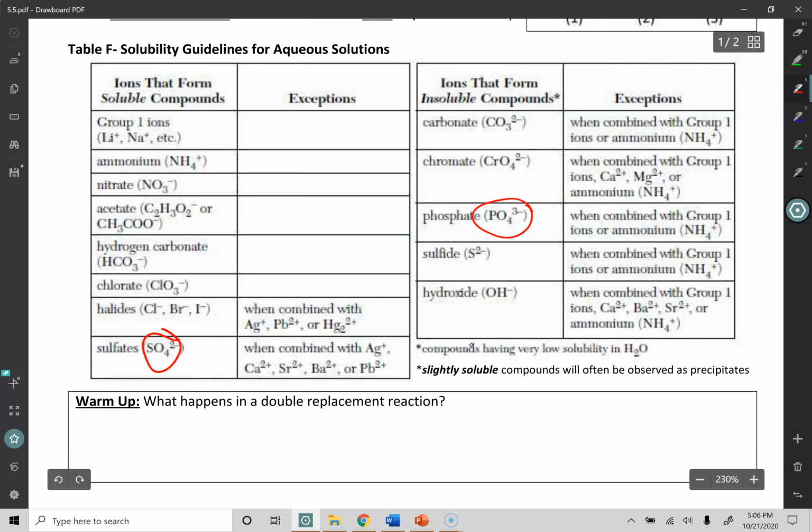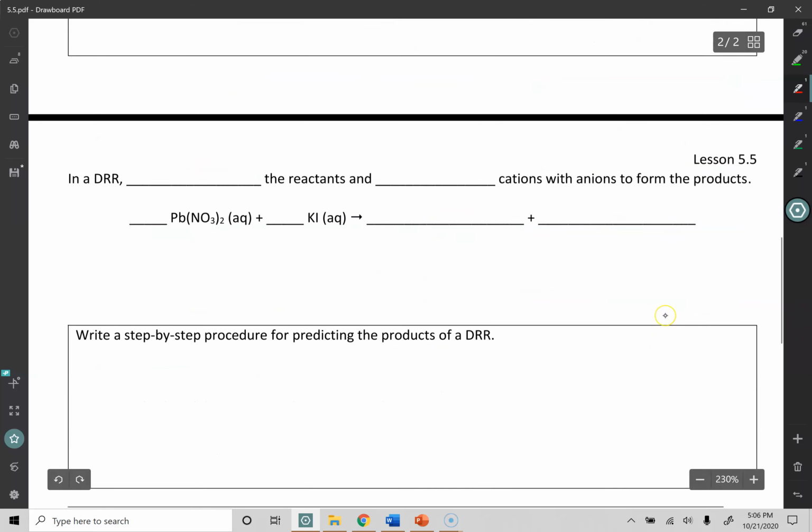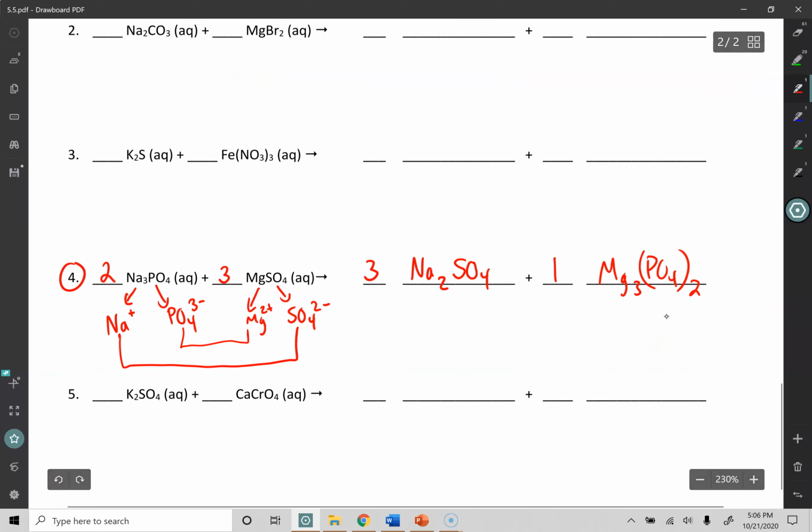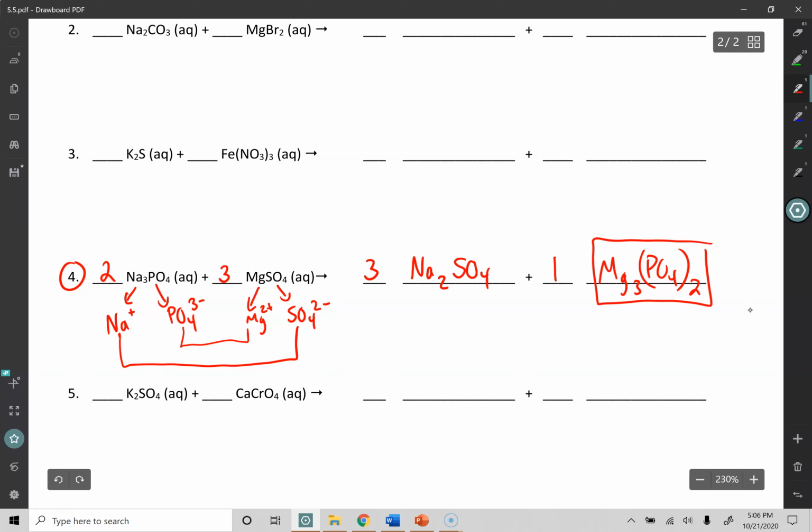Phosphates are usually insoluble. Let's see if magnesium's an exception. It is not. It's group 2, and it's obviously not ammonium. So magnesium phosphate is going to be my insoluble compound. Put a box around it. Technically, it would have the little parentheses S after it to represent its phase.